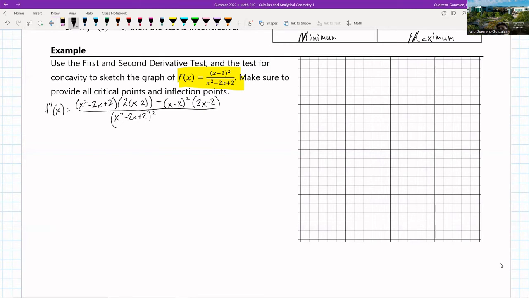This factors down to the cleaned up version: 2x squared minus 4x all over x squared minus 2x plus 2 squared.